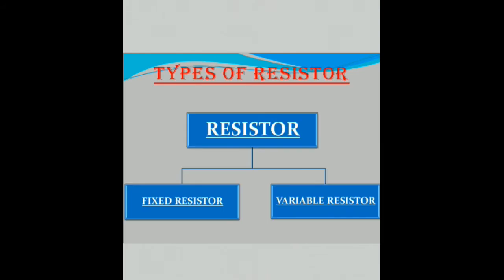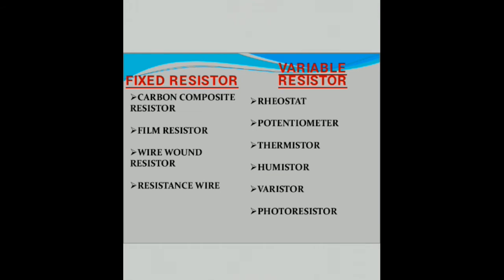The types of resistor. Resistors are of two types: a fixed resistor and a variable resistor. Here we see the partition of the fixed resistors and the variable resistors.